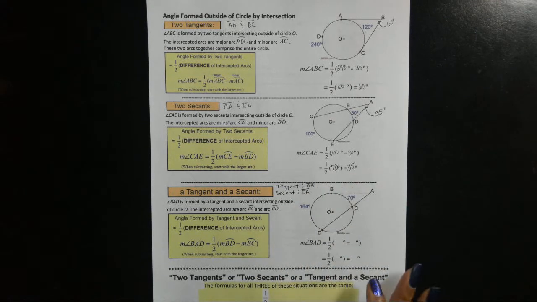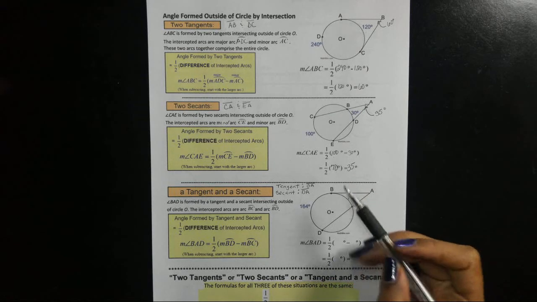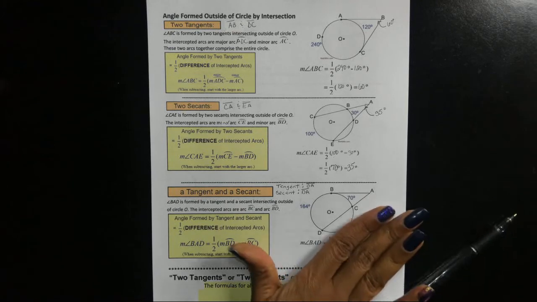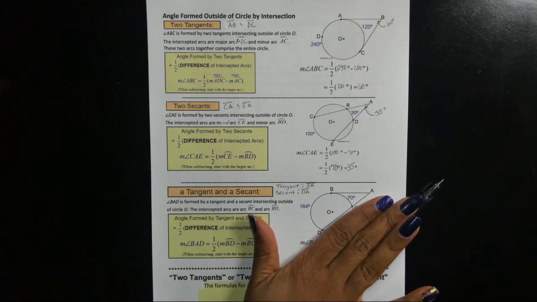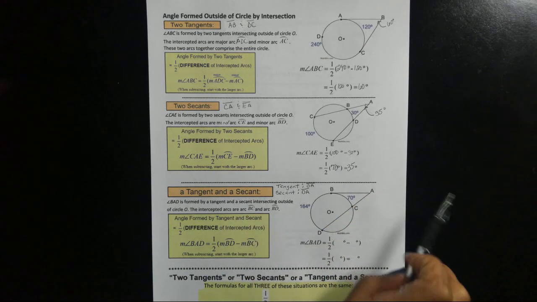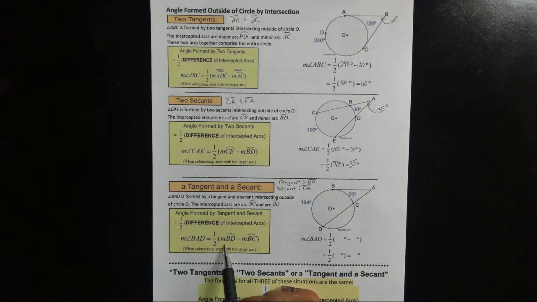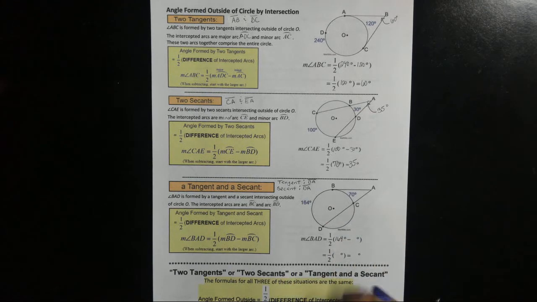It doesn't matter. And again, when we're looking at these, we're going to be looking at the larger arc and subtracting the smaller one. And again, if you notice, this arc here is not included because it is on the outside of that secant line. So we're not including that. We're only looking at those that are on the inside. So what we're going to do is take that larger one, and the larger one, of course, is BD, just as instructed here, 164.